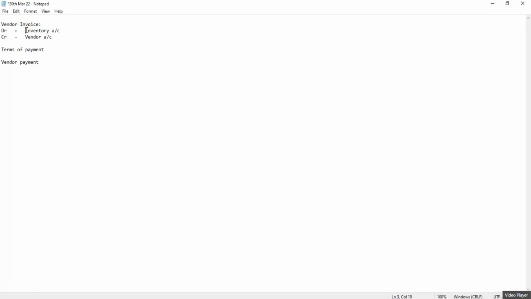So simply, as per commerce, inventory receipt account debit to vendor account credit. This is commerce terminology.